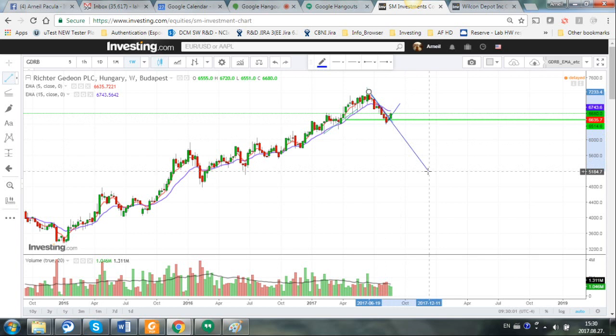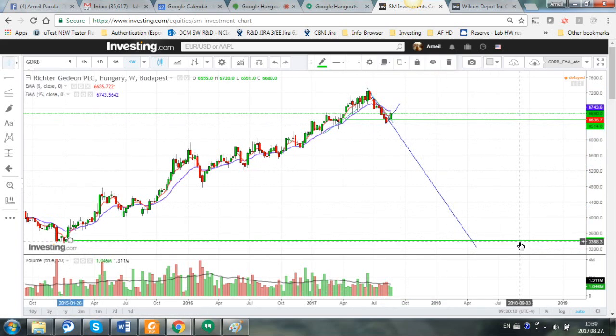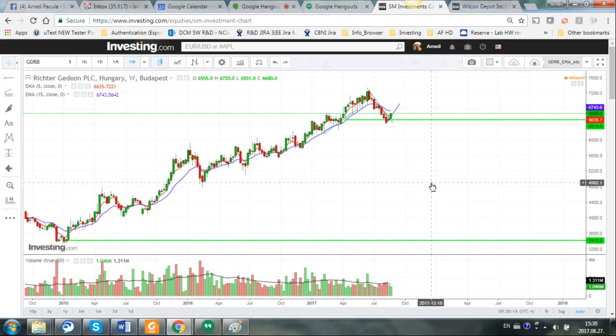Ito yung gusto kong i-avoid na magtuloy-tuloy kasi pwede siyang lumagpak ng ganyan kababa. Napakababa na yan. So, gusto kong i-avoid yan. So, yung stock is nabili ko at 680, 690. Nag-averaging lang ako at this point.